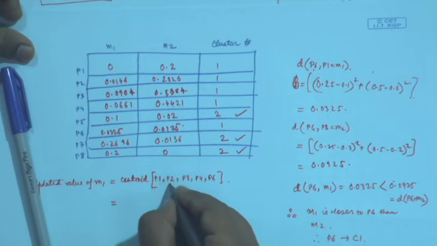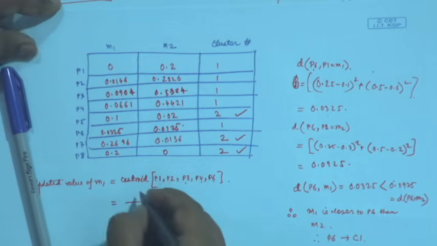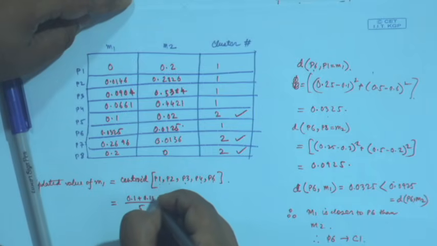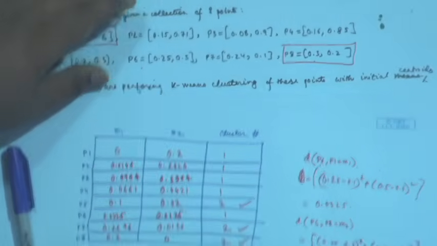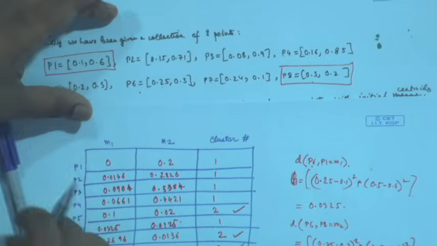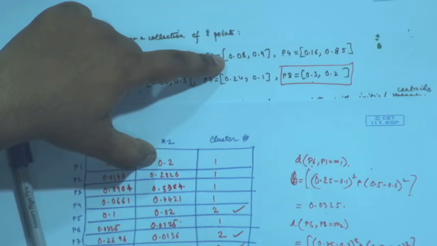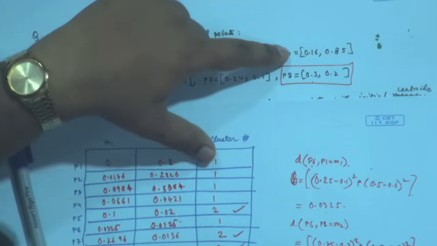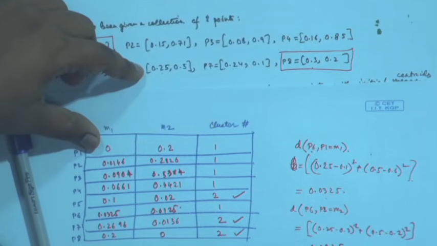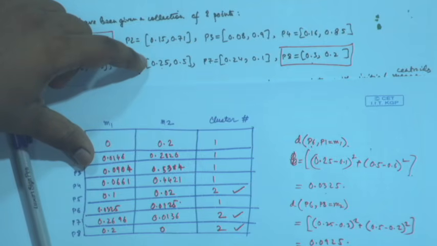How many points do we have? 1, 2, 3, 4, 5, so divide by 5, and let us sum the x coordinates first. 0.1, 0.15, then P3 is 0.08, P4 is 0.16 and P6 is 0.25, divided by 5.